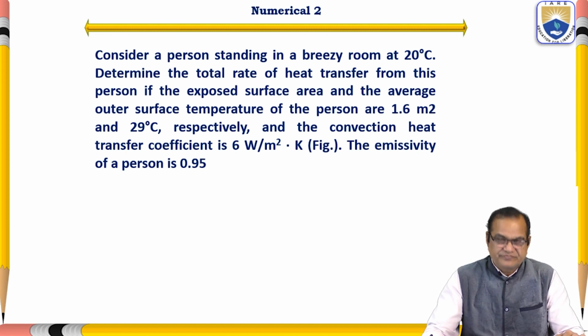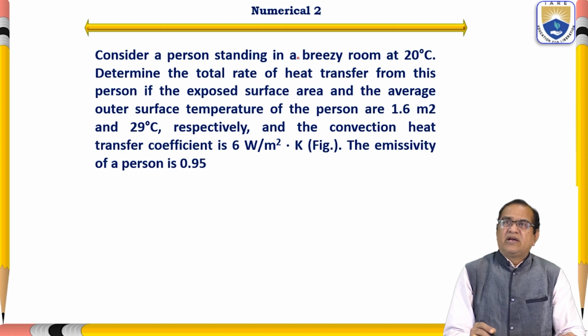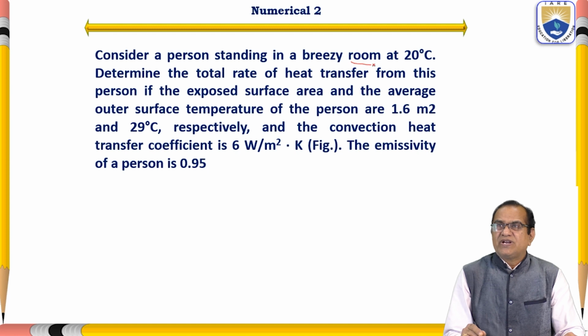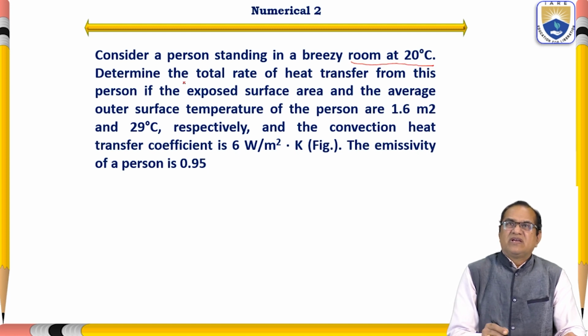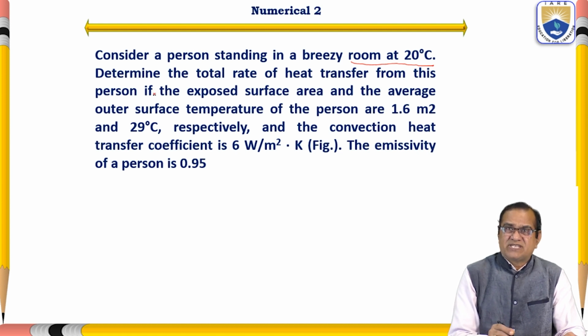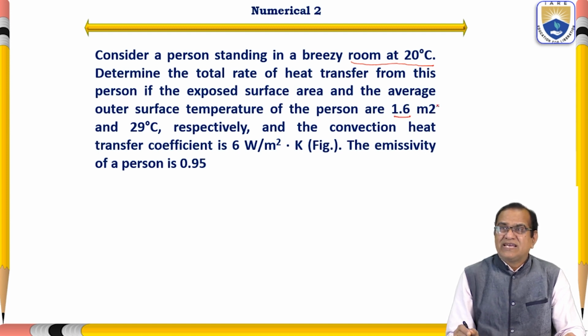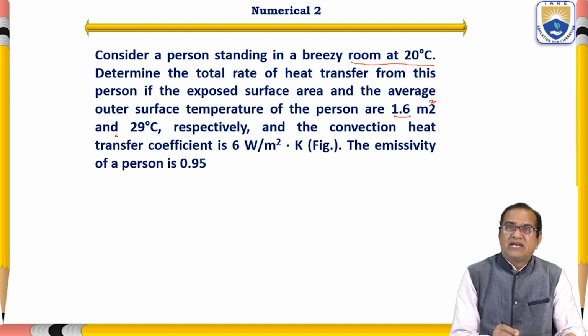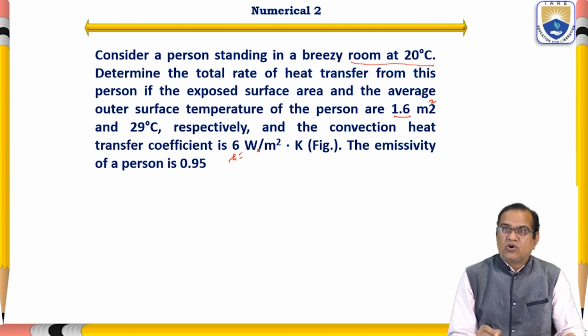So here the person is standing in a breezy room, and the room temperature is 20 degrees centigrade. We have to find out the total heat transfer Q from this person if the exposed surface area and the average outer temperature are given. So the area is 1.6 meter square and the temperature of the person is 29 degrees centigrade, and the convection heat transfer coefficient h is equal to this.